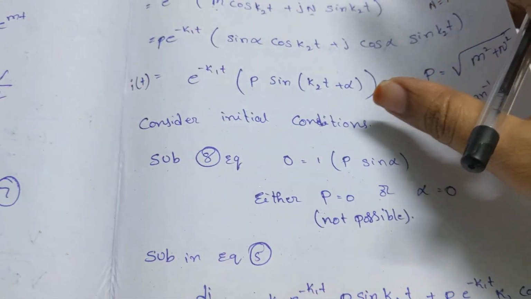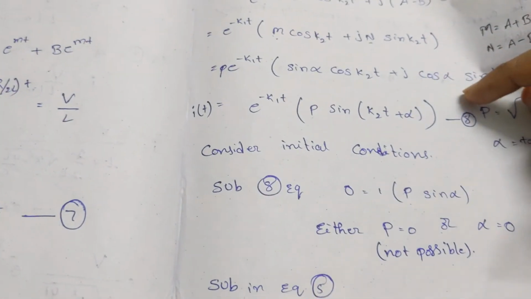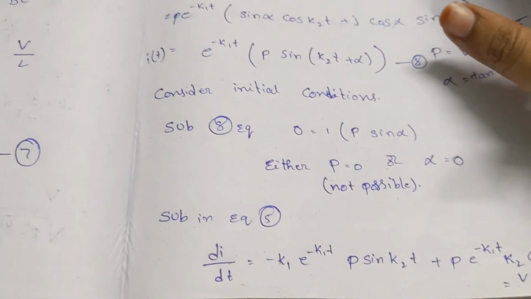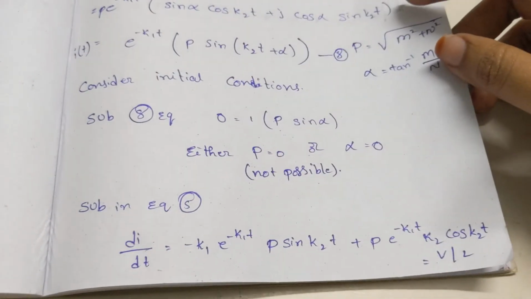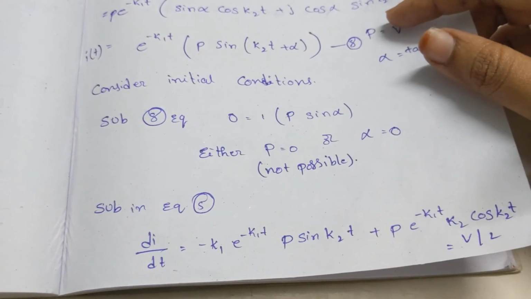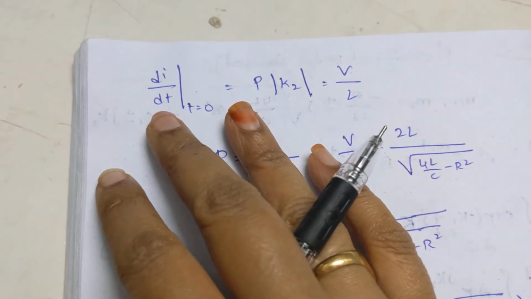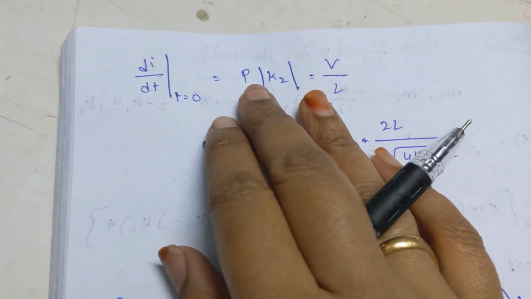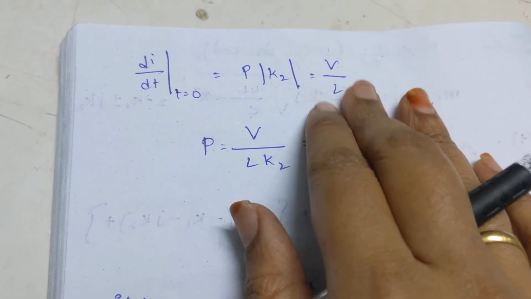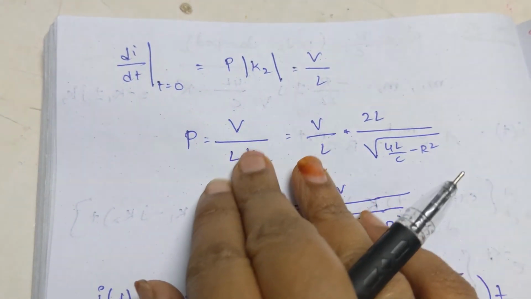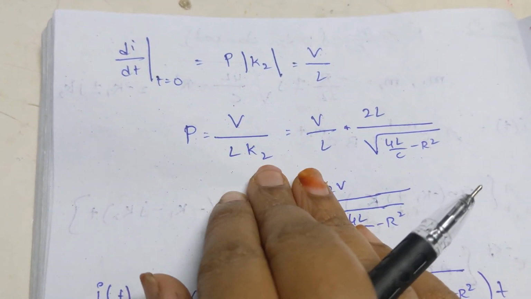Now differentiate your equation number 5 and apply your initial conditions. With the same procedure as in the previous cases, we can find out what P is. When you differentiate with respect to t, it becomes p k2 equals V by L. So P is V divided by L into k2.